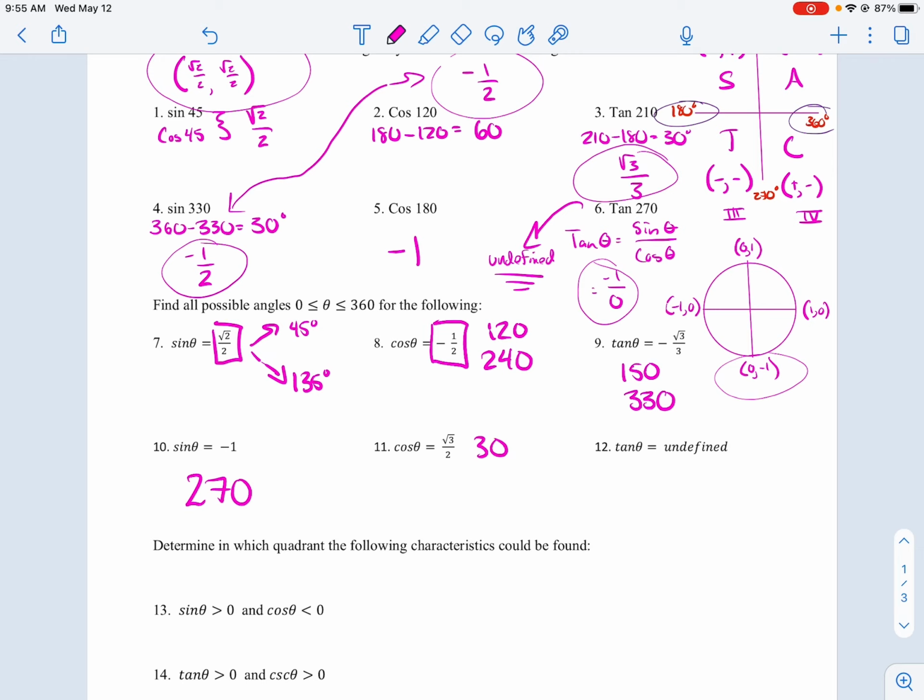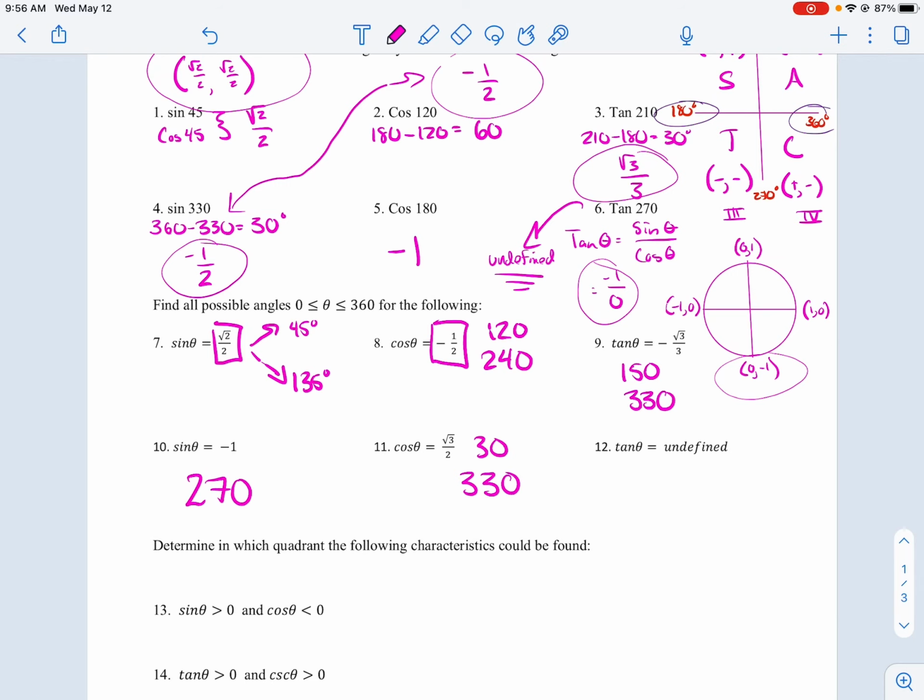And then a positive cosine value would also be in the fourth quadrant, so the other angle would be 330. The reference angle for 330 is 30 degrees. We just had to think, where was our cosine value also positive? And that's in the fourth quadrant.